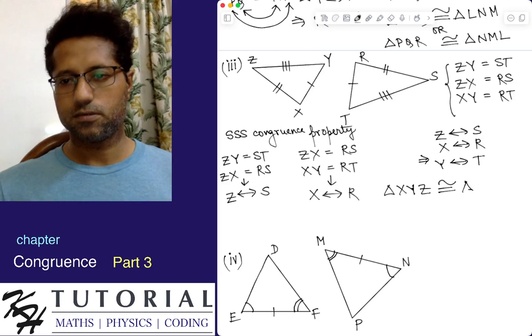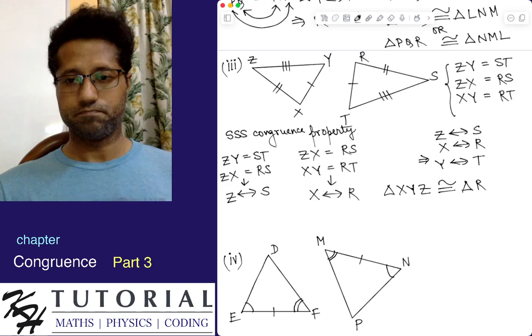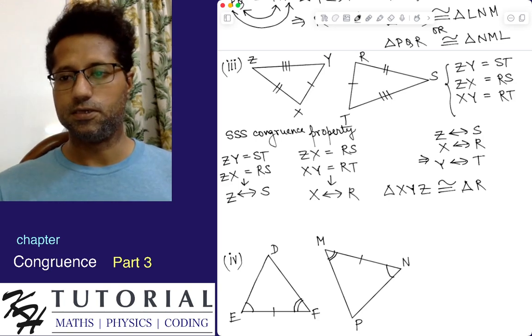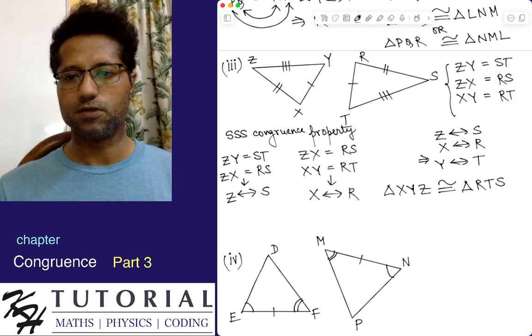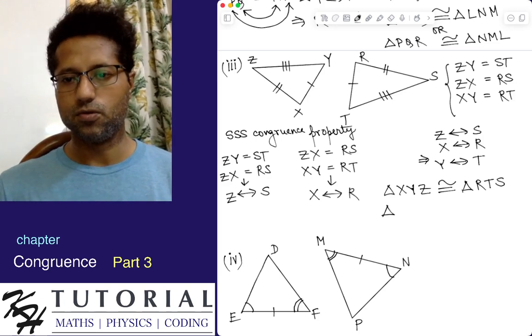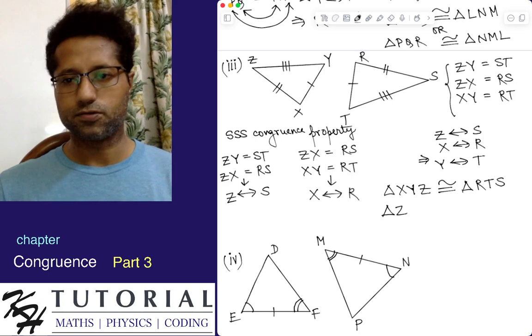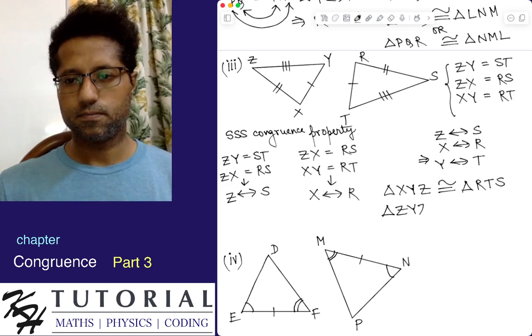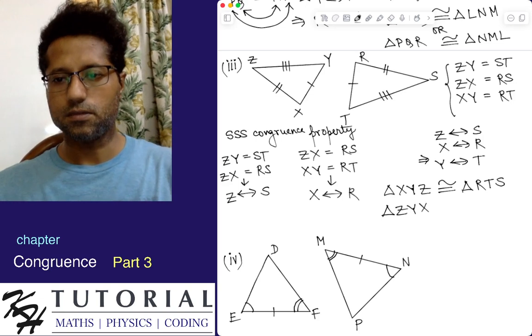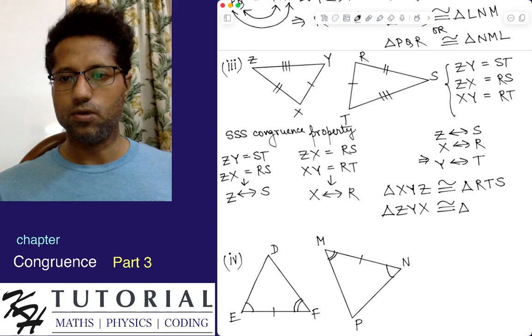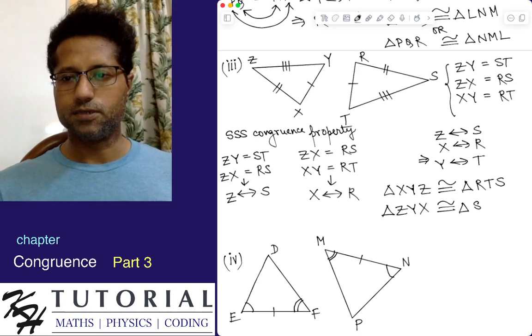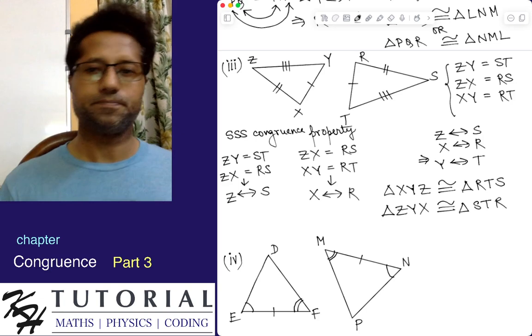So X corresponds to R, Y corresponds to T, and Z to S. This could be one possible congruence relation. Another way, if I name the first triangle ZYX, then I write Z is mapped to S, Y is mapped to T, and X to R.